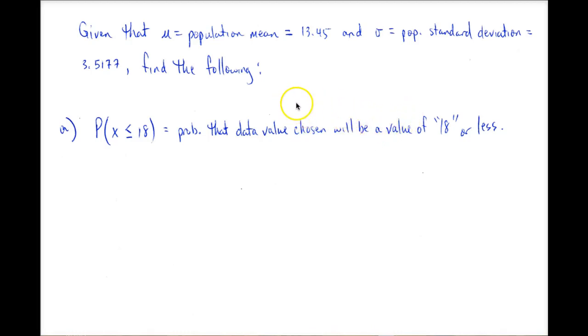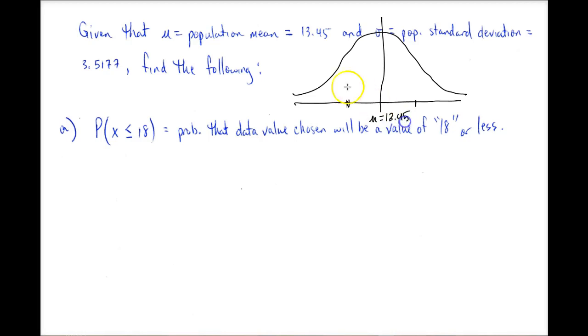If we are assuming that the data is normally distributed, what that means is that if we put this data on a normal distribution curve, and our mean is here, let's say 13.45, then within the first standard deviation about 68% of our data lies there.